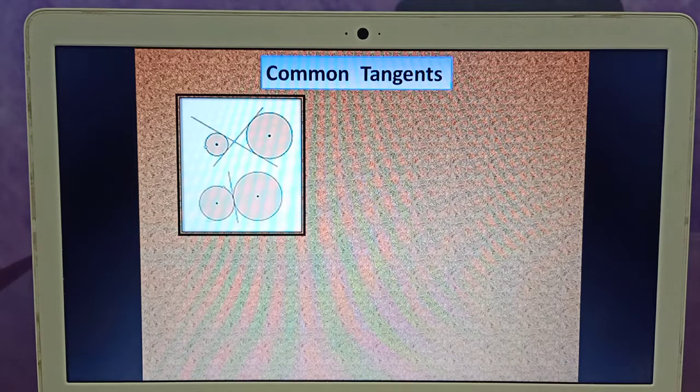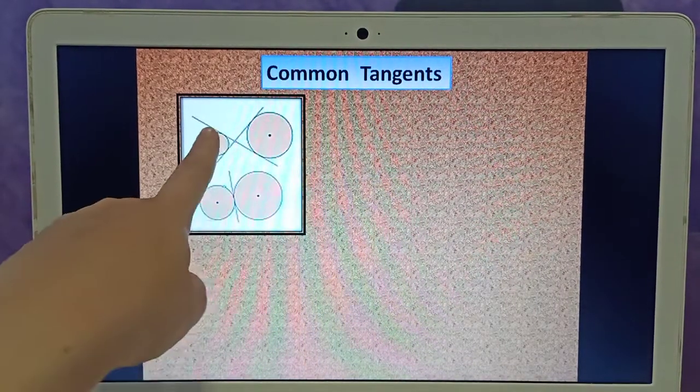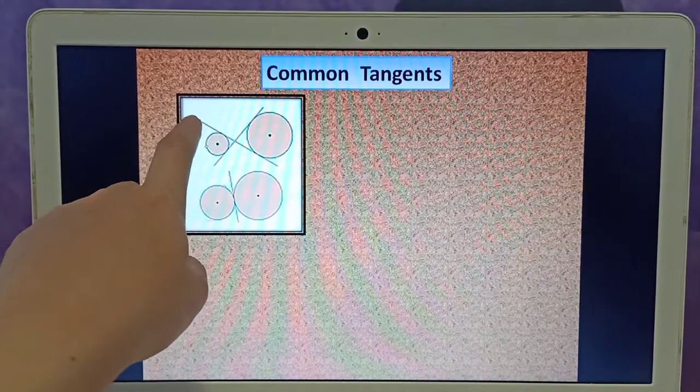draw several tangents which touch each of the circle at only a point. So for example, this circle and this circle, I can draw this tangent.